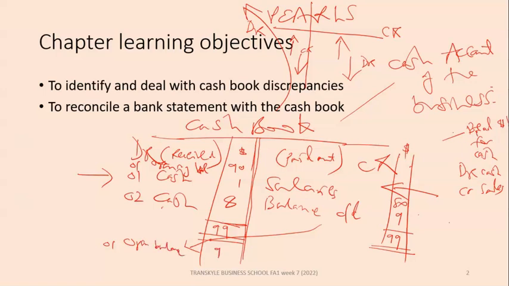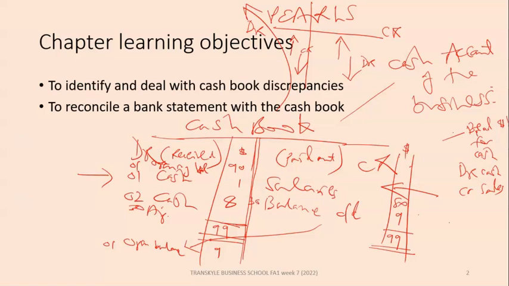of 9. You may be asked in an examination, you may be given this cash book account, and the examiner says, what was the cash book balance at the end of this month, 30 April?